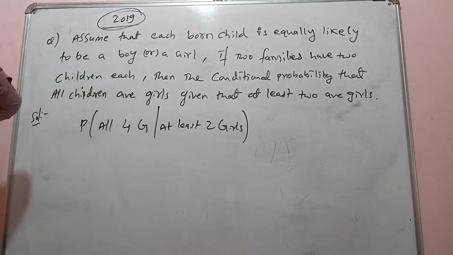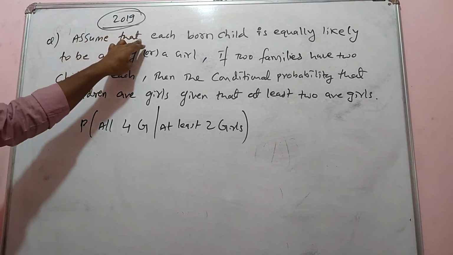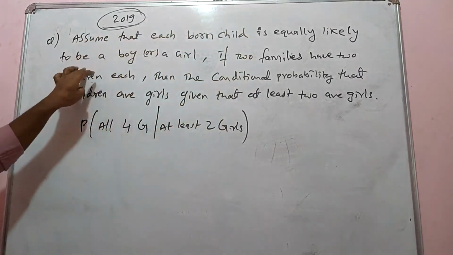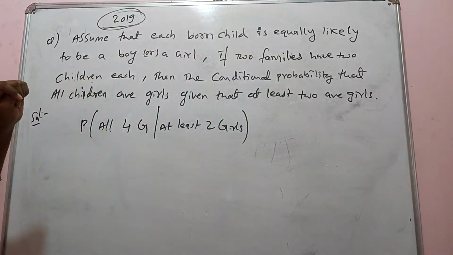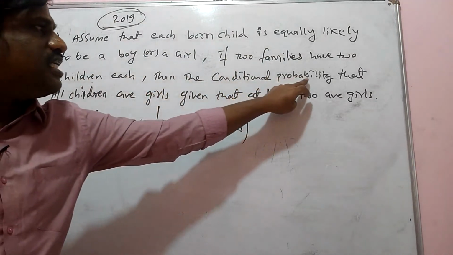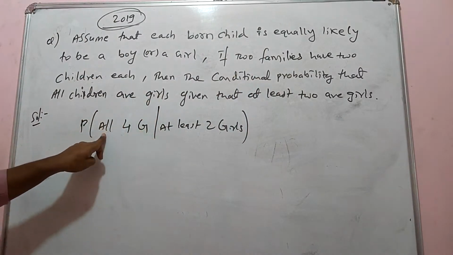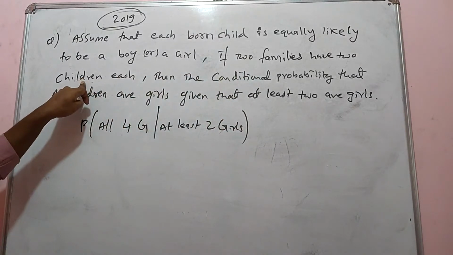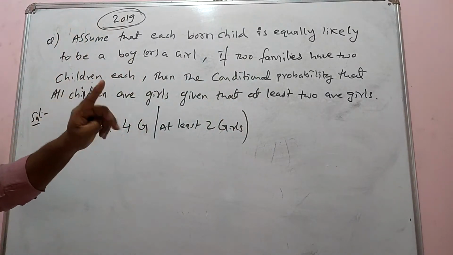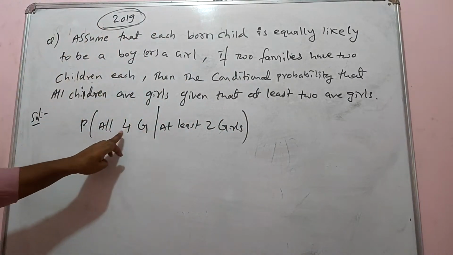Two families have 2 children each, so total children are 4. Assume that each born child is equally likely to be a boy or girl. All 4 are girls.